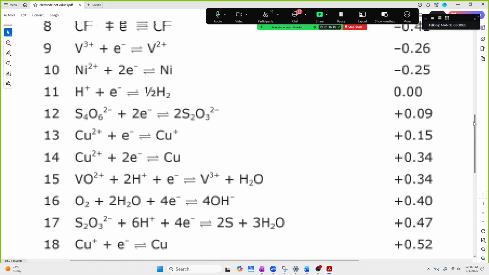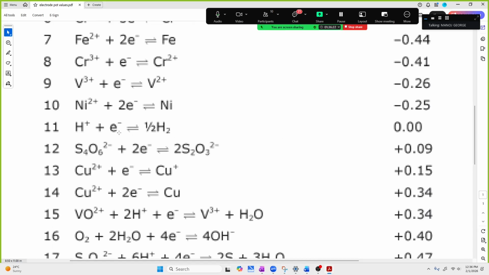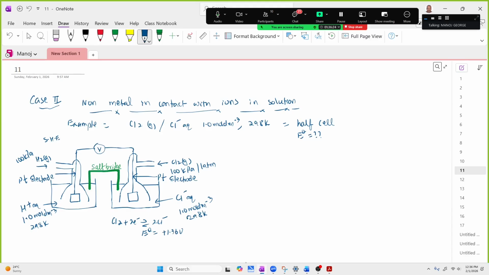It's already given here somewhere. That's H plus, and they already gave only 1 mole, so we'll stick with that. So H plus plus 1 electron gives half H2, and this is our reference, whose value is already mentioned.